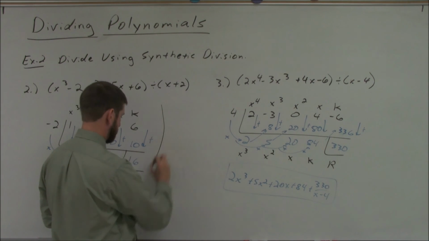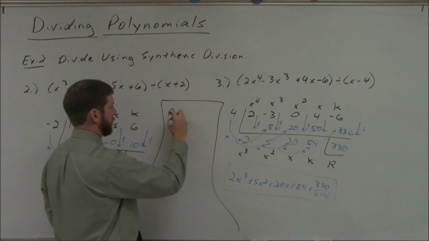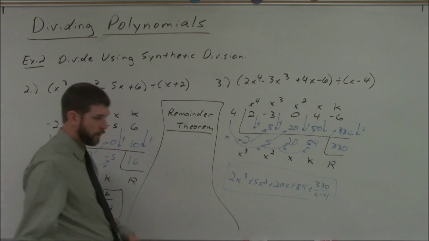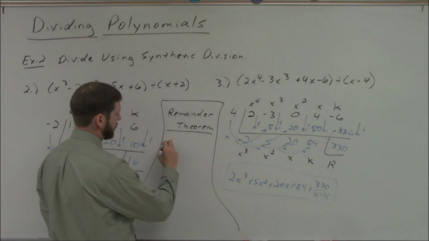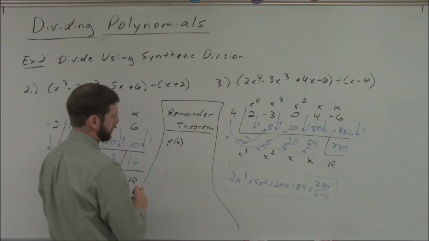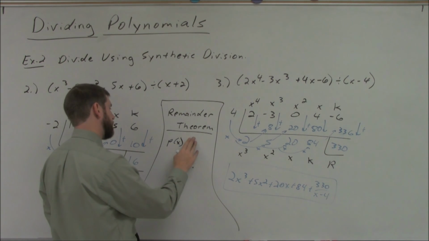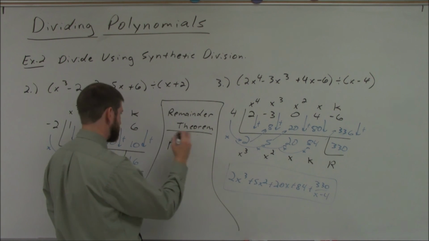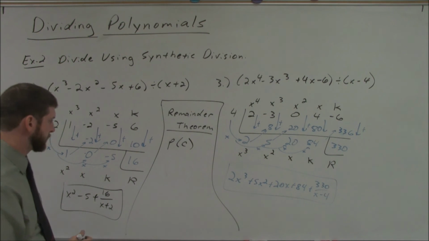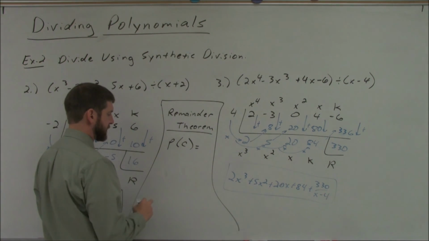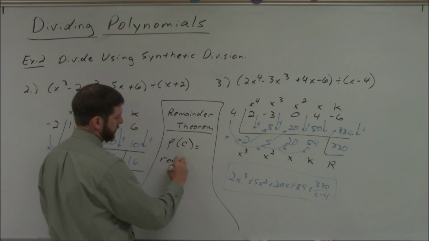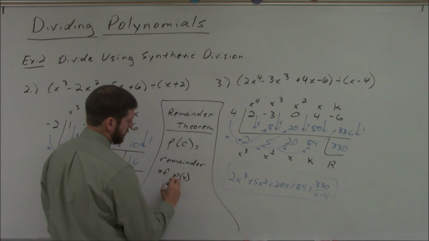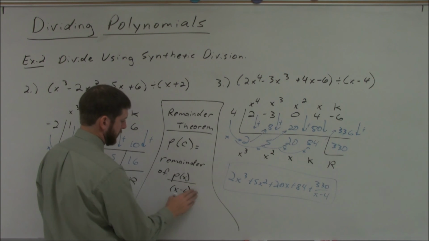Now there is a concept called the remainder theorem. Remainder theorem says that a polynomial evaluated at some number, we'll call it c, is equal to the remainder of that polynomial divided by x minus c.